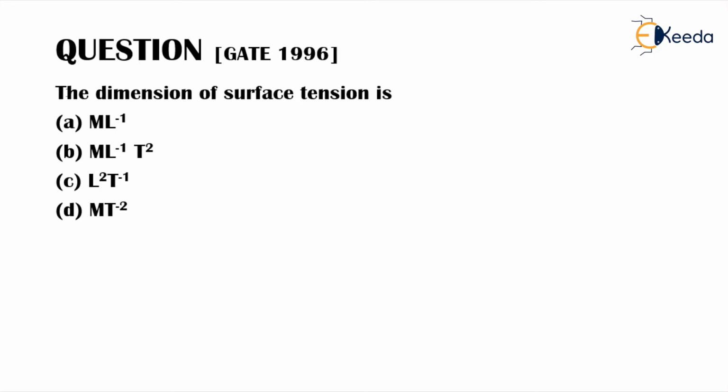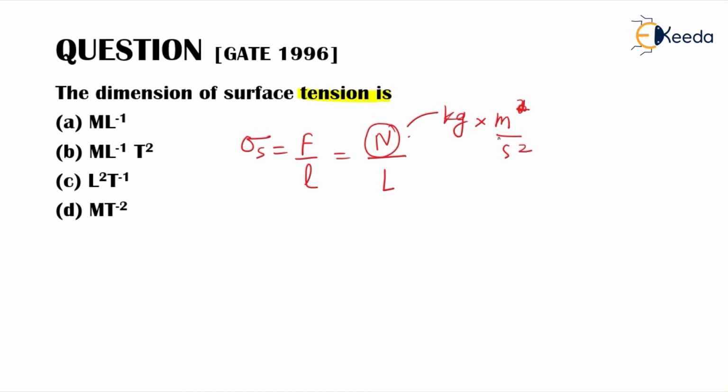Just for the sake of knowledge, I have told you, and we will be discussing the Weber number in coming chapters. Just wanted to tell you that surface tension basically relates to the Weber number. Always remember. Next, the dimension of surface tension is to be determined. So what is the dimension of surface tension? Many times we have seen that surface tension is equal to force upon length. So the force unit is Newton upon length L. Now this Newton can be expressed as kg, that is mass, into acceleration, meter per second square. 1 upon L is nothing but 1 upon meter, so this m value gets cancelled out.